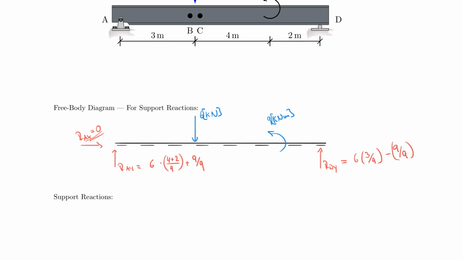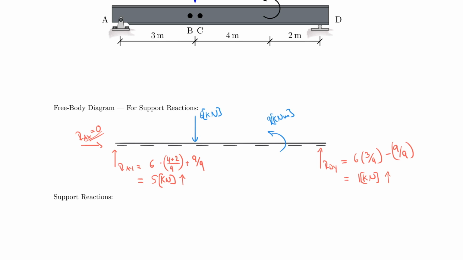And now I can solve this and I can find that my RAY is really equal to 5 kilonewton and my RBY is really equal to 1 kilonewton. And please keep in mind that the 1 kilonewton is really going up and the 5 kilonewton is also going up. So I don't even need to worry about flipping any signs or anything, but that is the result you should find.